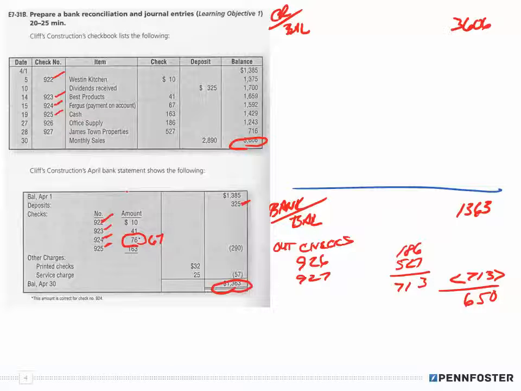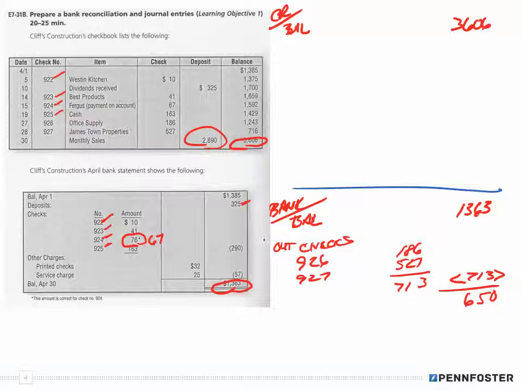Now I need to look and say, okay, what other adjustments have to happen on my bank statement? I have a monthly sales deposit here of $2,890. Notice that's not part of the deposits.